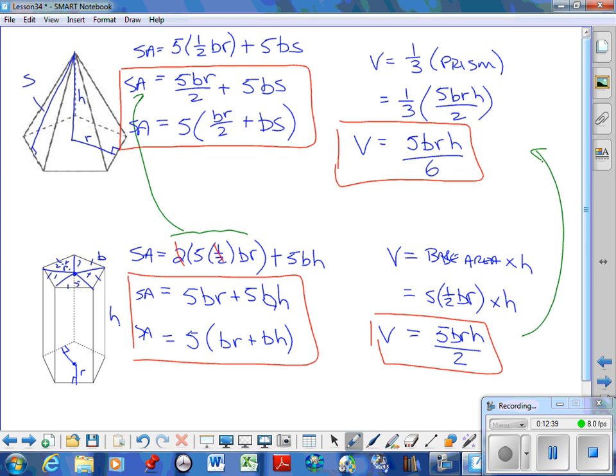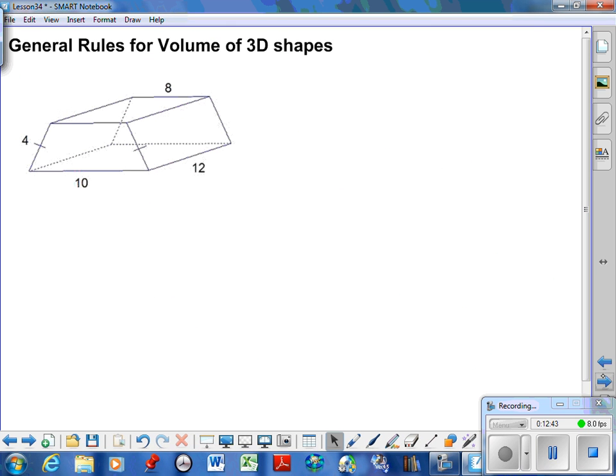So there are our formulas for some basic shapes. I have an example here. Remember, this is a trapezoid, so it's the same thing. The general rule, which I've already been talking about as we go, is basically the area of a face, the area of the uniform face, multiplied by its height or its depth.